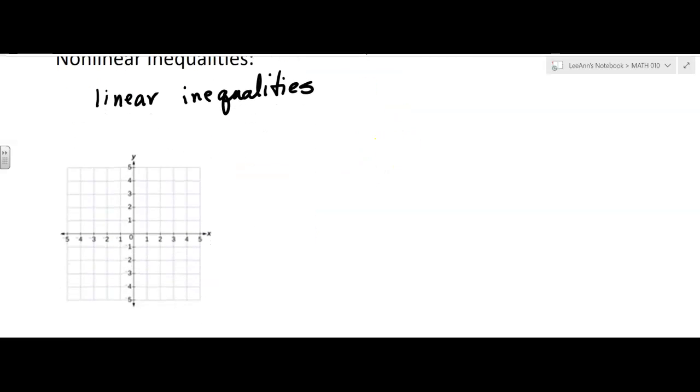Maybe we had something like y is greater than x plus 2, and y is less than or equal to negative x minus 3. When I say linear inequalities, I mean a system of linear inequalities. You could just have one inequality, that's true, but they don't give us very many examples, so we're going to go ahead and do a system.